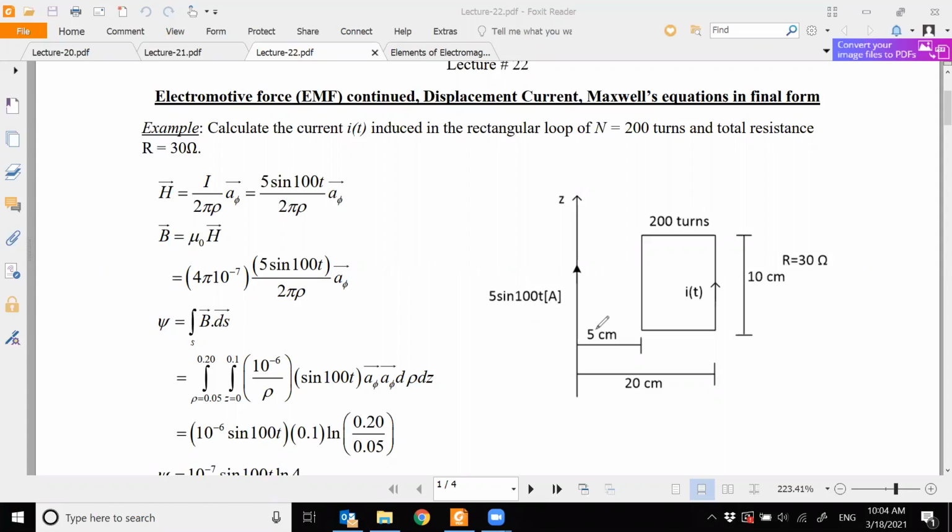If we know the magnetic field on this loop, we can find the current by Ampere's law. But we need to find it in this loop, Mr. Ibrahim, and the magnetic field is induced here. And we need to find the current passing in this loop.